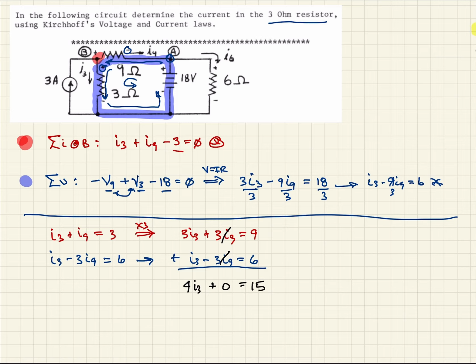So now if I solve for I3 by dividing by 4 on each side, I should see that I3 is now equal to 15 over 4, or in decimal form, that's 3.75 amps. So that's what they asked us for, the current through this resistor. I3 then is what we solved for, the current through that resistor.